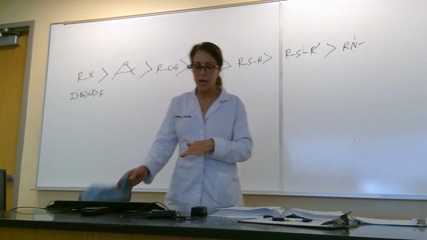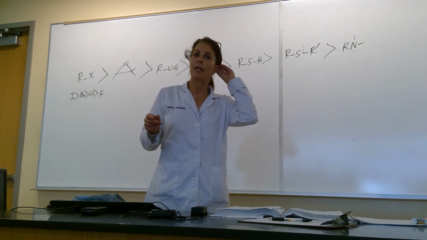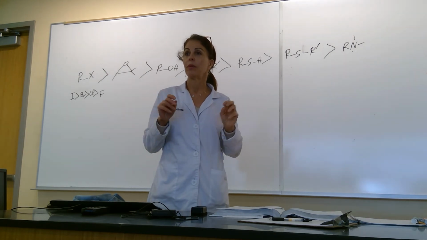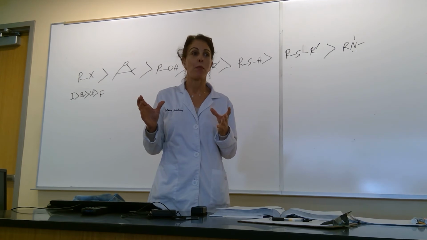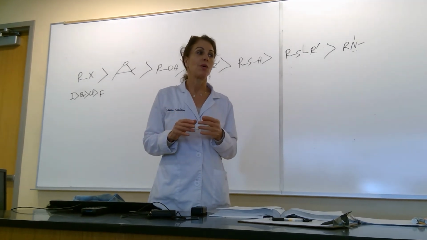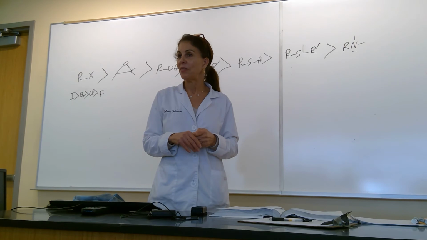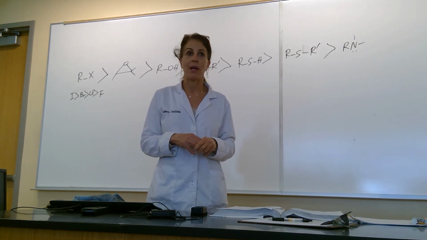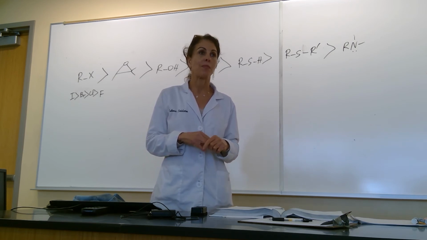Now, another thing I want you to think of doing: every chapter that has a reaction with a name, please make sure you know it, because these are important reactions. So if it says Suzuki reaction, there's a name there, I need to know what it is. If it says Hofmann reaction, I need to know what it is. If it says Williamson reaction, I need to know what it is. There's a Michael reaction.